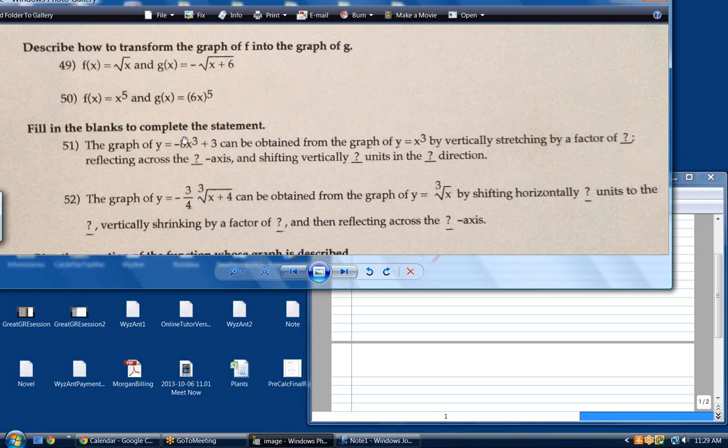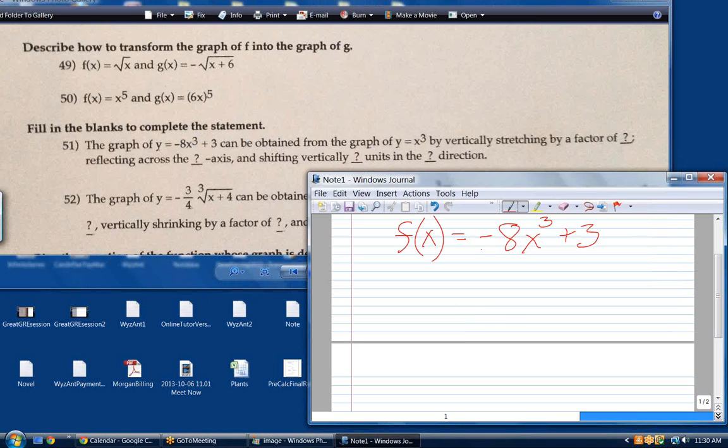Because that 8, in other words, y equals x cubed differs from y equal 8x cubed merely because you've stuck an 8 in front of the function. So if my function, let's eliminate the 3 for the moment. When I look at y equal 8x cubed, that is a vertical stretch by a factor of 8. Why? Because this is 8 times f of x.